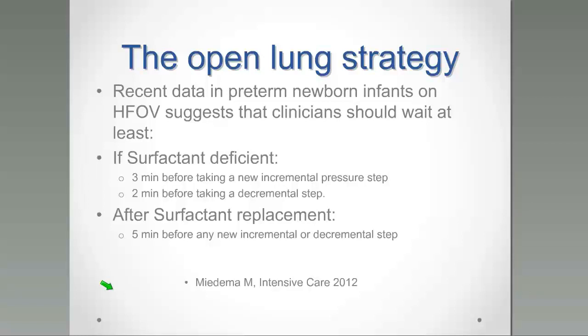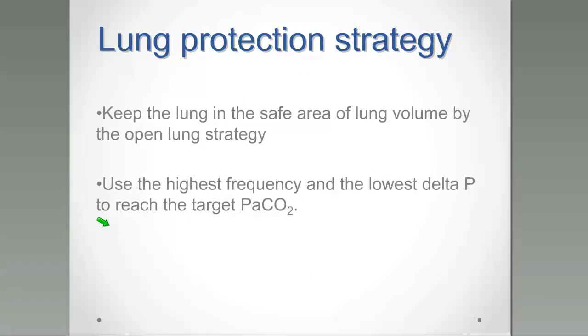But recently we have some information that if we are using opening pressures in a lung without surfactant, many times we will need less than 5 minutes to reach what we call the opening pressure. So probably steps of 5 minutes in those situations where surfactant has been given should be a very good approach to wait until we have another increase in step.